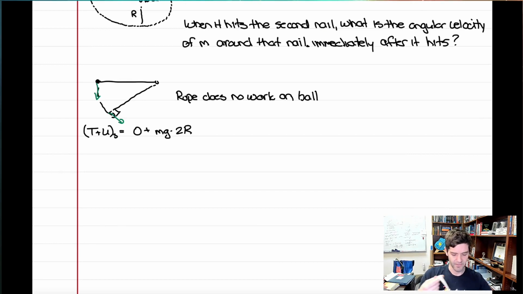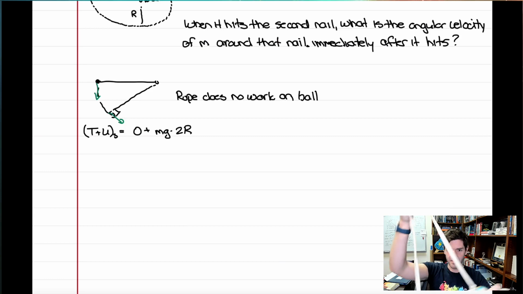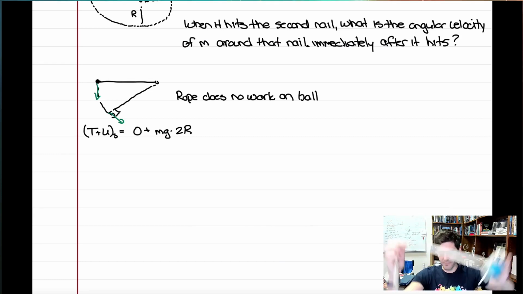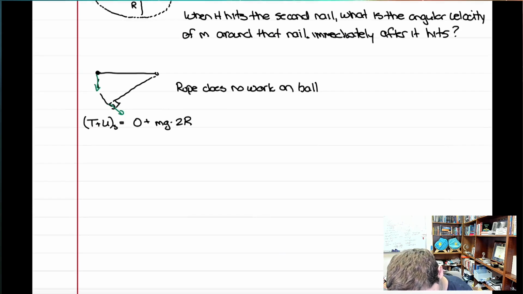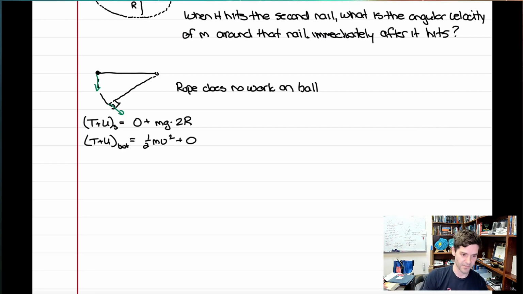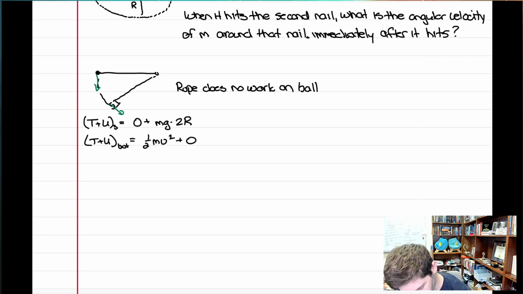If I define when it's vertical to be my reference point, then if this is length 2r, it's a height 2r off the ground when it's horizontal. And then T plus U at the bottom, right before it hits the nail, we're going to have some kinetic energy. And then we're defining that to be where there's no potential energy. And these two better be equal to one another.